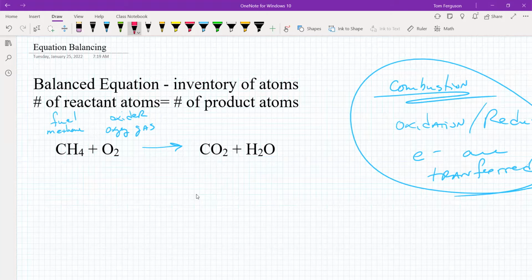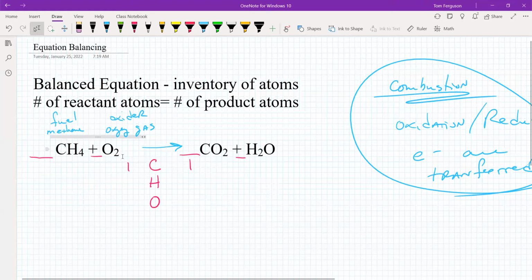In the inventory, we have carbons, hydrogens, oxygens. We have 1 carbon on the left, 1 carbon on the right. How do I know that? There is a coefficient up front here. And I'm going to give myself more room.